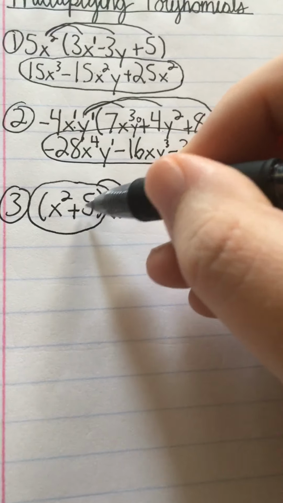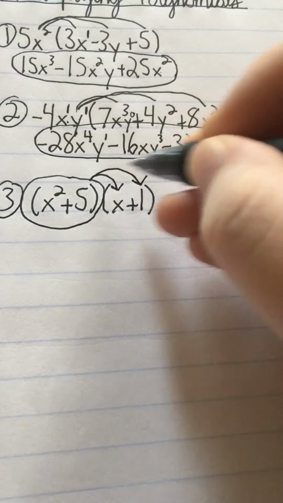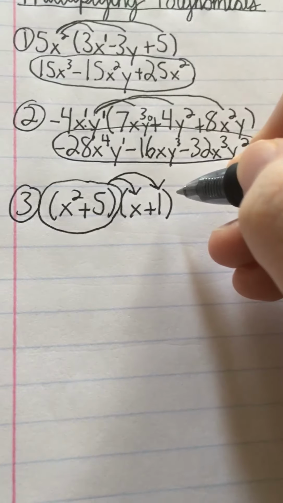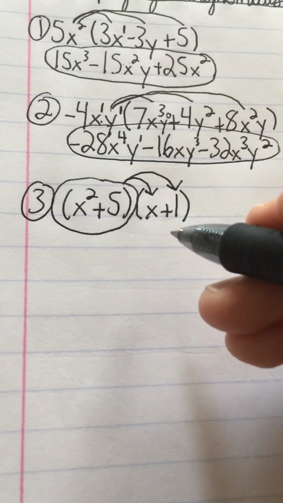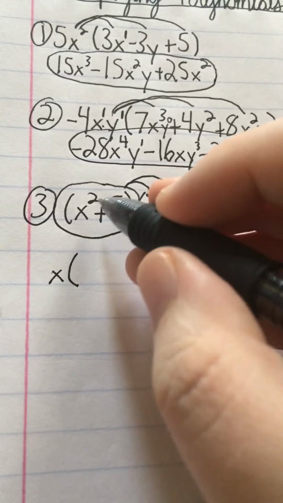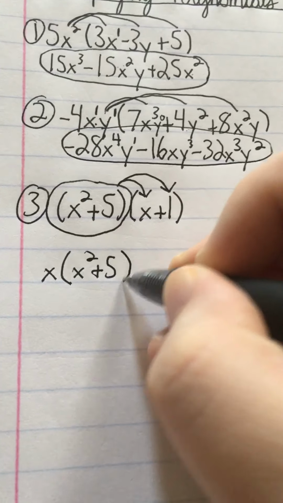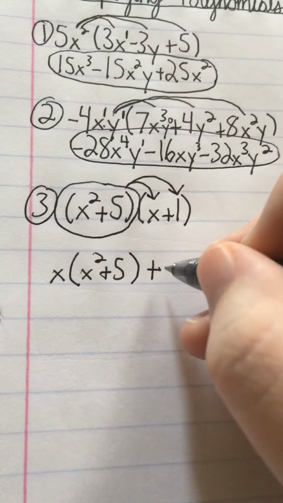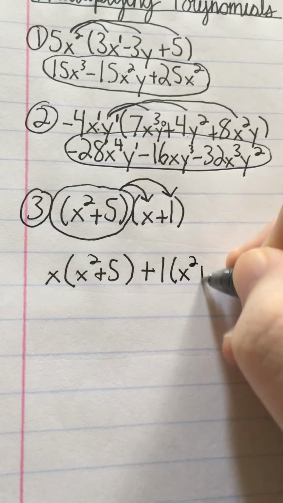So x squared plus 5 times x plus x squared plus 5 times 1. So I'm going to rewrite this problem showing this distribution. So we have our x times our x squared plus 5 plus our 1 times x squared plus 5.